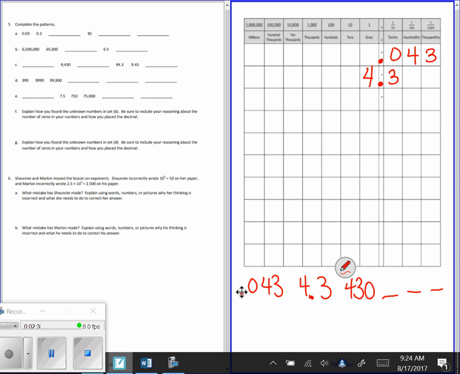I'm just writing my numbers exactly as they are. With 430, is there anything behind the decimal? Where is the decimal? At the end. 430 with the decimal being right there.